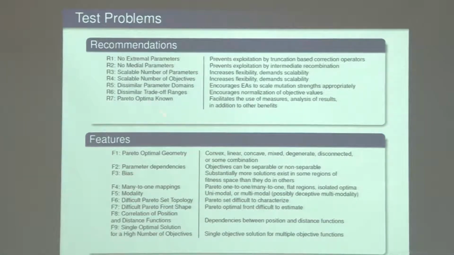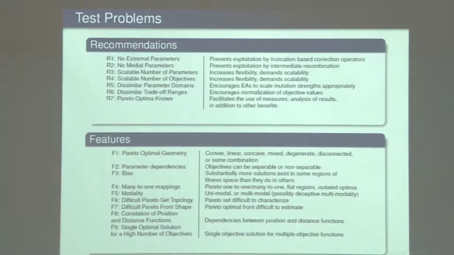So another recommendation is a scalable number of parameters, because this increases flexibility and demands scalability. Also a scalable number of objectives. Parameters are, of course, decision variables, and these are objectives. Dissimilar parameter domains. This is also interesting. This means don't give the same range to every decision variable.